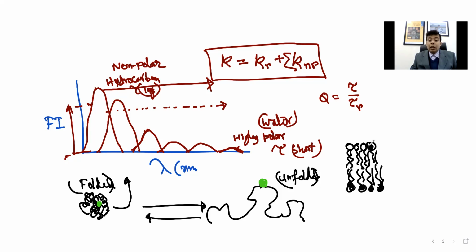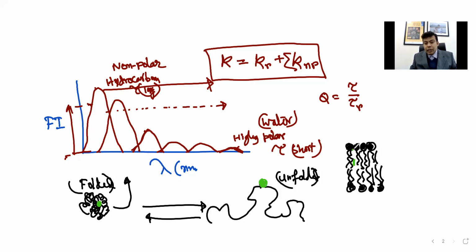Let's say you have POPC. And let's say you have a fluorescent dye. Depending on the polarity, if the fluorophore is deep here, it's going to sense the hydrocarbon environment around it, because the long chain fatty acids that constitute the lipid molecules will impart a hydrocarbon environment around it.